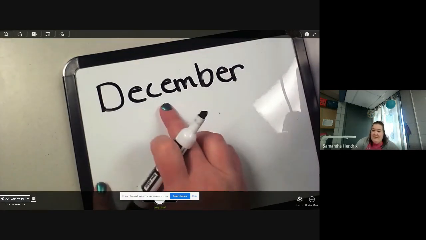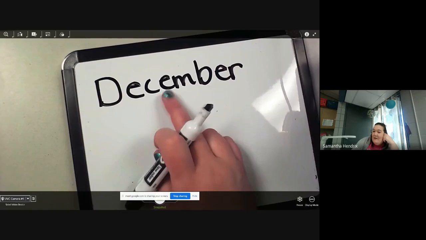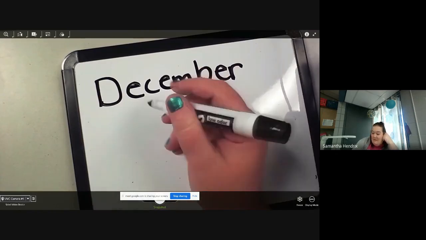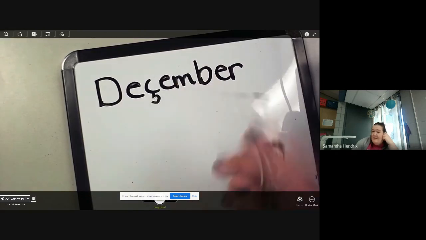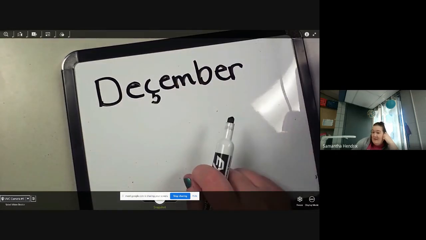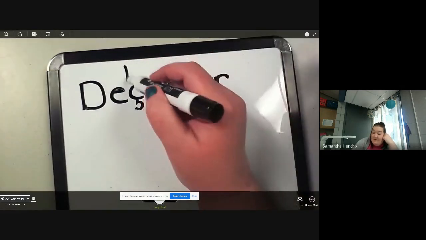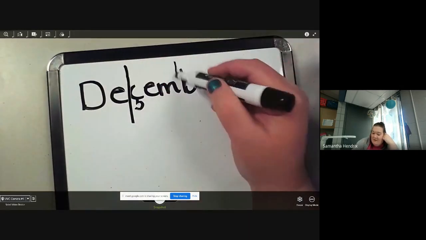Here's medial position, right? This C is followed by an E, so it gets the cedilla, okay? So we would code this word. We haven't done 3-syllable words yet.